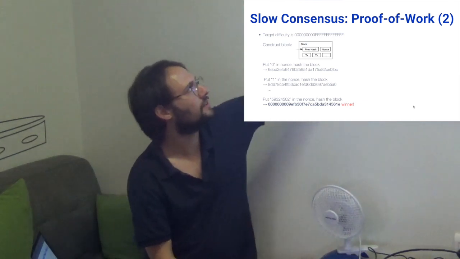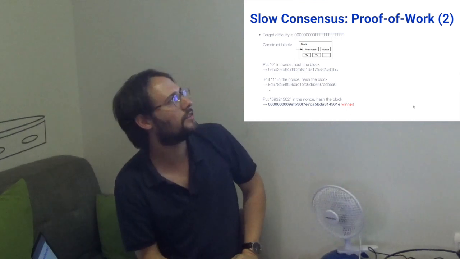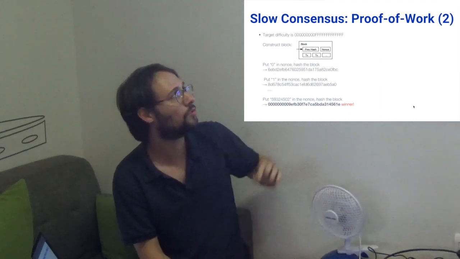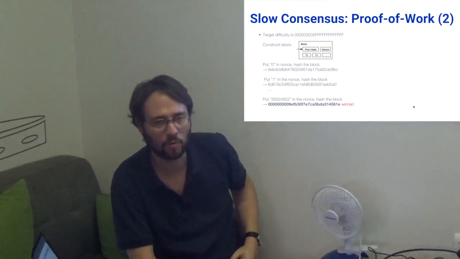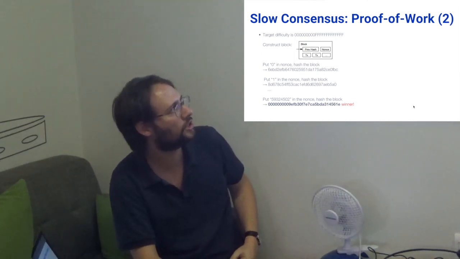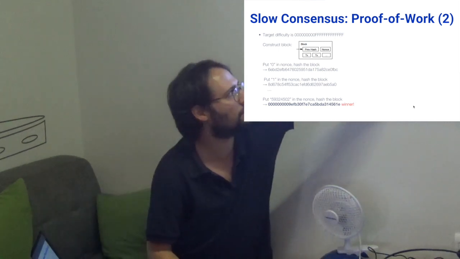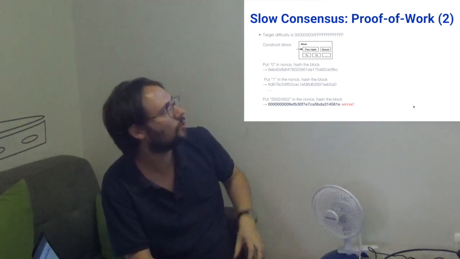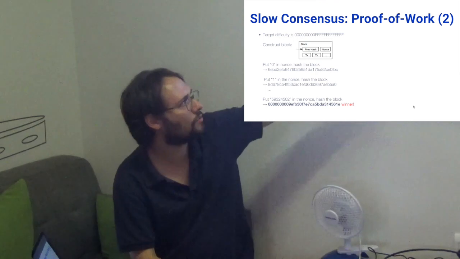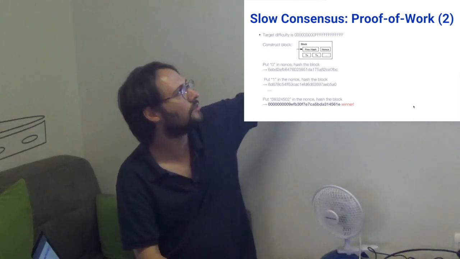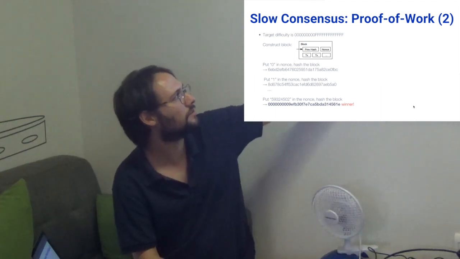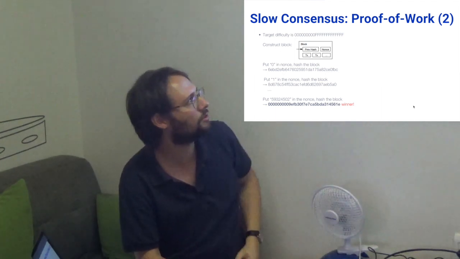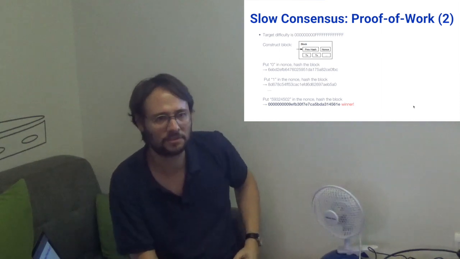So when we say this is the difficulty, we're looking for a block whose hash will be smaller than that number. And we have one degree of freedom in determining that block, and that's the number that we put in the nonce. So we'll start putting random numbers there. If we put 0, we'll have that hash, and it doesn't begin with the required amount of zeros, so it doesn't solve the puzzle.